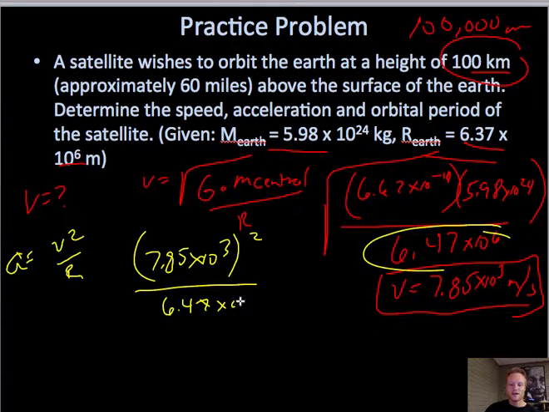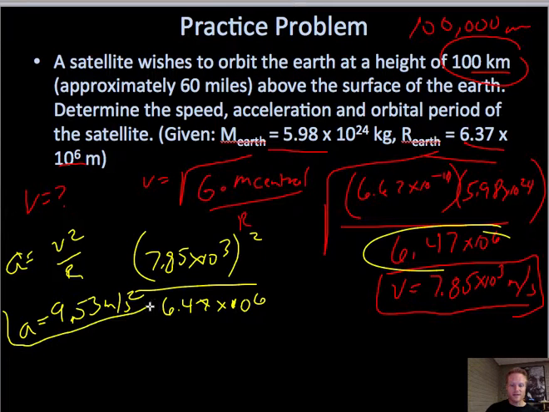And if you do this math problem, you get an acceleration of 9.53 meters per second squared.